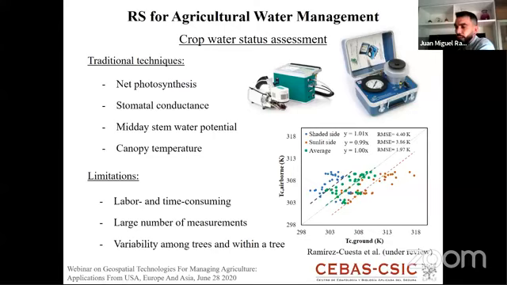For example, the graph in the slide shows a comparison between the canopy temperature obtained from a handheld thermal camera at the sunlit and shaded sides of the tree, respectively, and the near nadir temperature determined from a thermal sensor that was on board an aircraft.